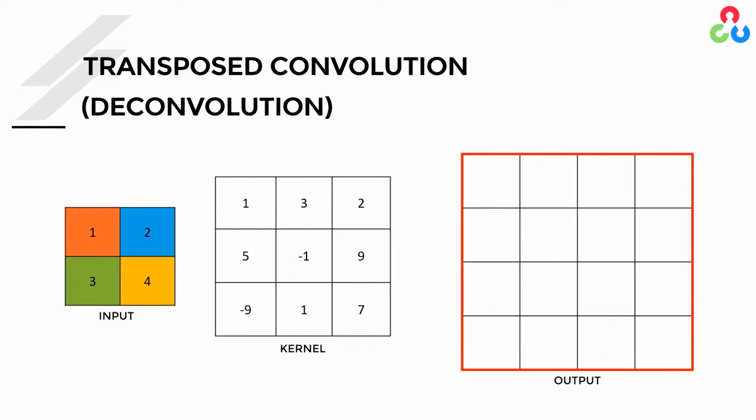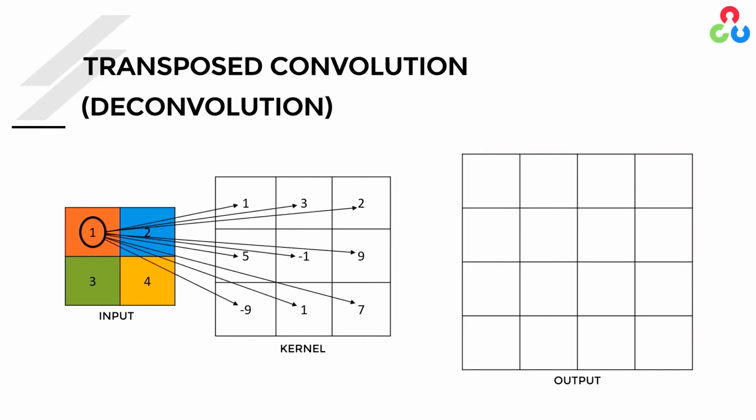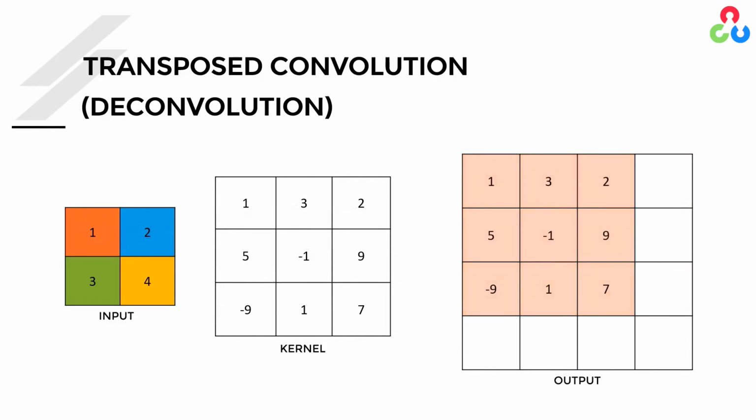So the first step is we take this value 1, we multiply it with all the values of the kernel, and we put it on this output. Let me show you right here. So we took this 1 and we multiplied it with all the values of the kernel, and that's what goes here. Now think about it as one matrix.